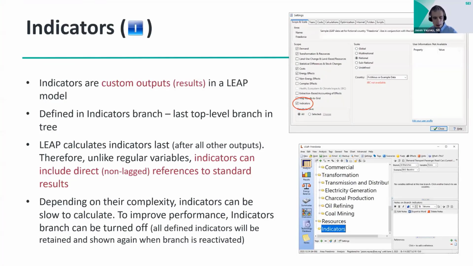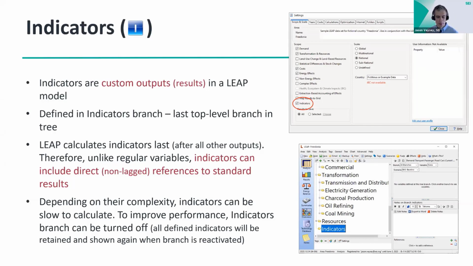That's a reference to a result variable in the same year, and Leap doesn't allow that, except for indicators, because indicators are a special category, and Leap calculates them last after calculating all of the rest of the inputs and outputs for a year. So in this case, for indicators, you can have direct references, that is, contemporaneous references to results in the same year.